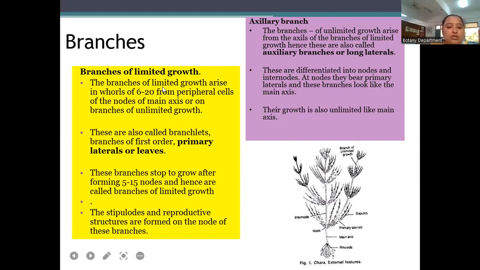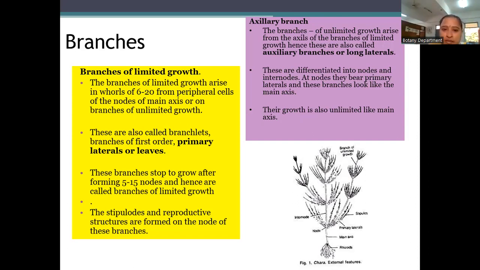These branches show limited growth and develop from the base of the axis of primary laterals. These function as the main branches or main axis.